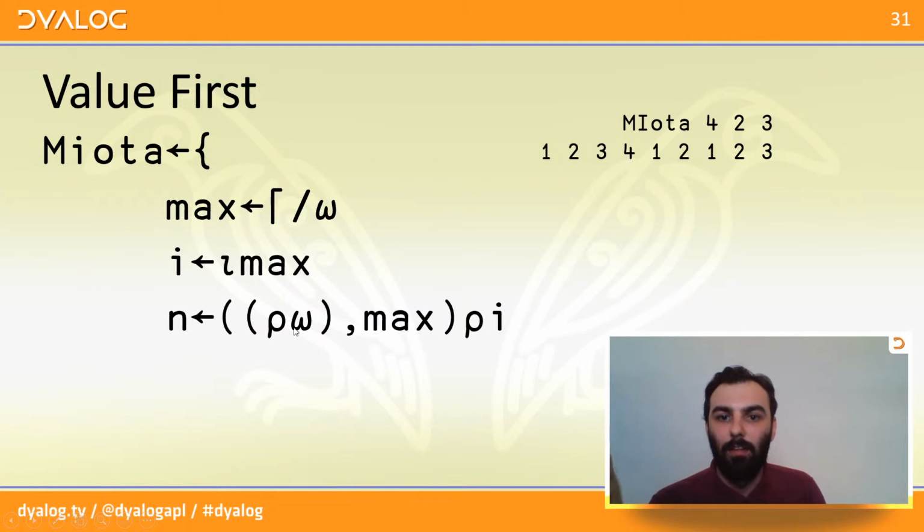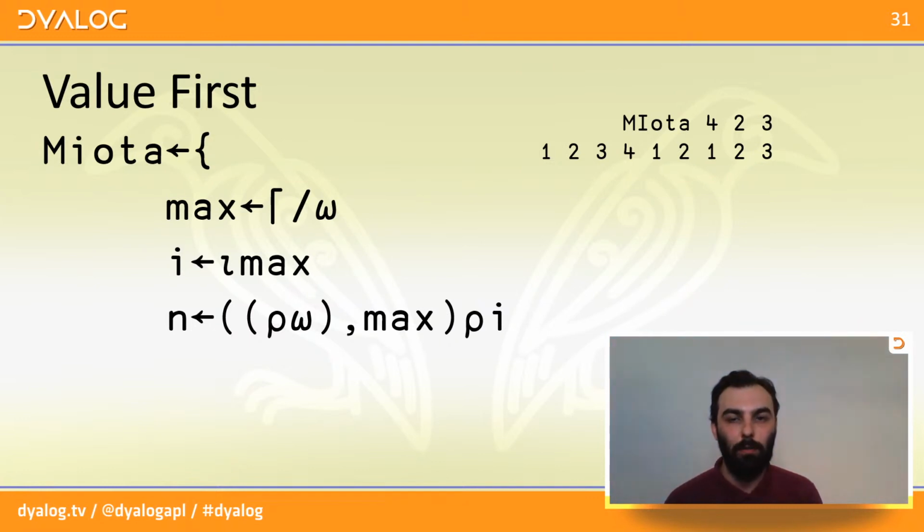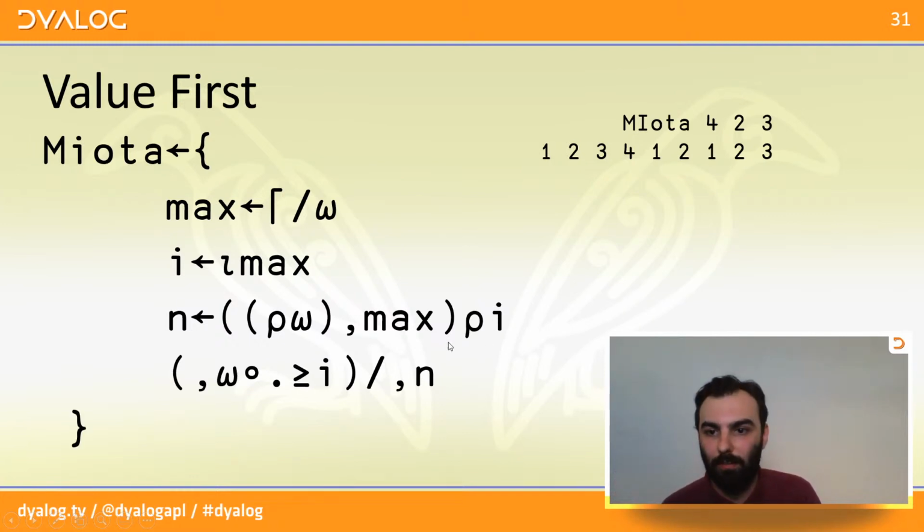Then you generate some matrix so that you end up with 3 rows, 1, 2, 3, 4, 1, 2, 3, 4, 1, 2, 3, 4. So now if you ravel that, it's a 12 element vector that has all of the values that you want in your result. And the last part is just another filtering process. Yes, I have realized since that if you took another approach to generating n, you wouldn't have to do all these ravels. Don't worry about it.